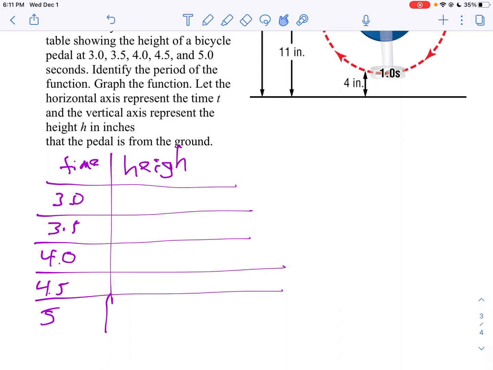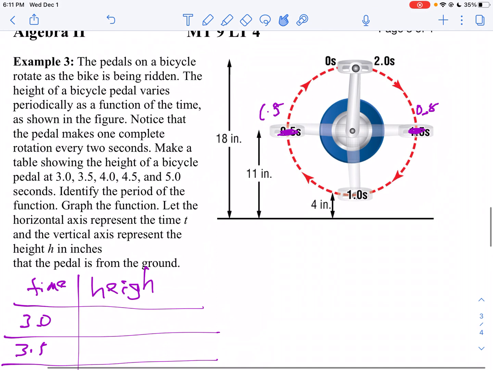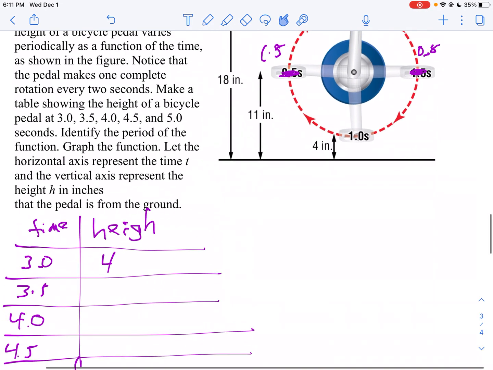Well, at 3 seconds, I notice it takes me 2 seconds to go around. So I'm going to go around once, that's 2 seconds. Then I add another second, that's 3 seconds. So at 1 second, the pedal is 4 inches off the ground. We add another half a second on that to 3.5, and you're at 11 inches off the ground. At 4 seconds, we're back to the top then, aren't we?